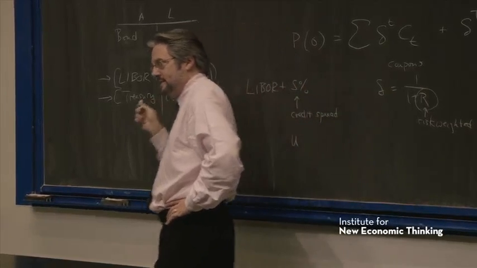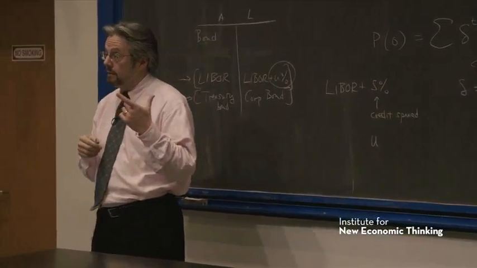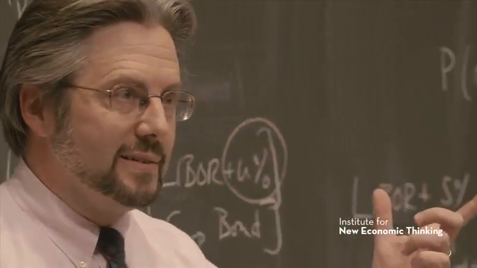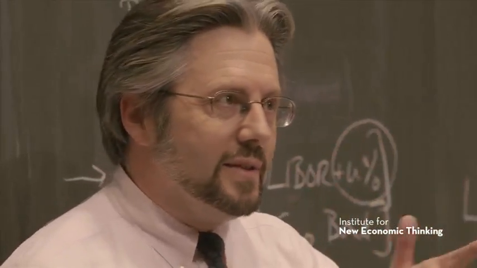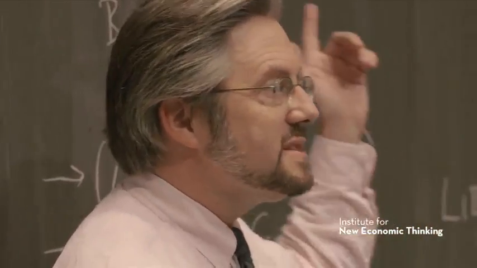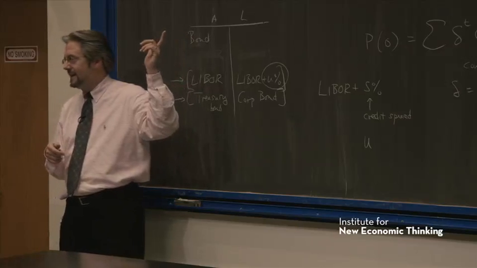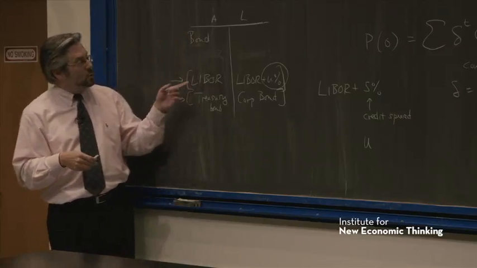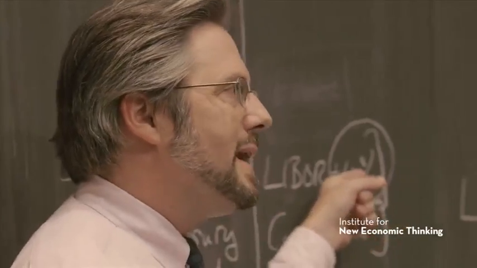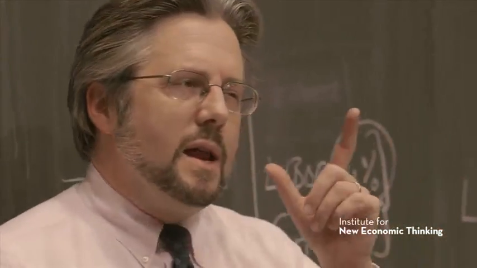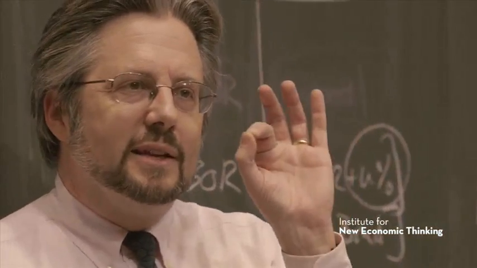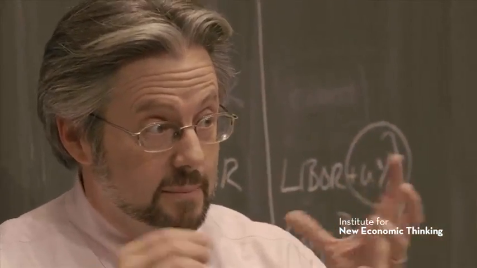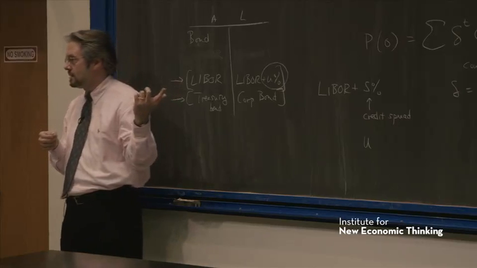The value of that CDS is going to, however, fluctuate over time. Just like we saw with forward contracts, the value fluctuates over time, just as the bond fluctuates over time, and it's going to fluctuate inversely. So you might buy CDS not so much as insurance against default, but just as a way of getting risk exposure to the underlying bond.